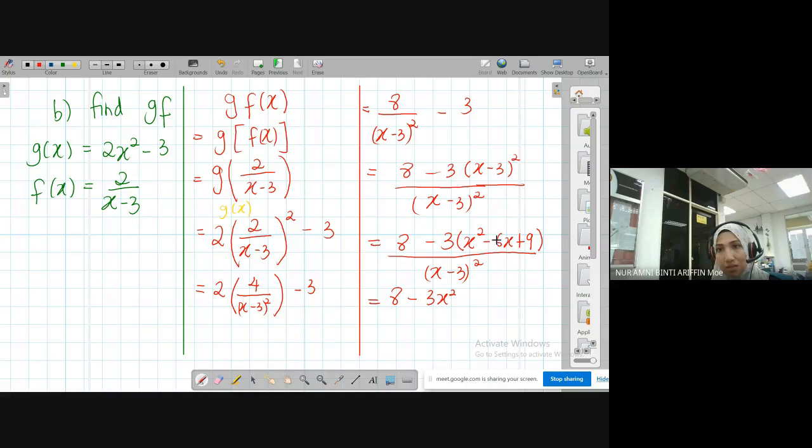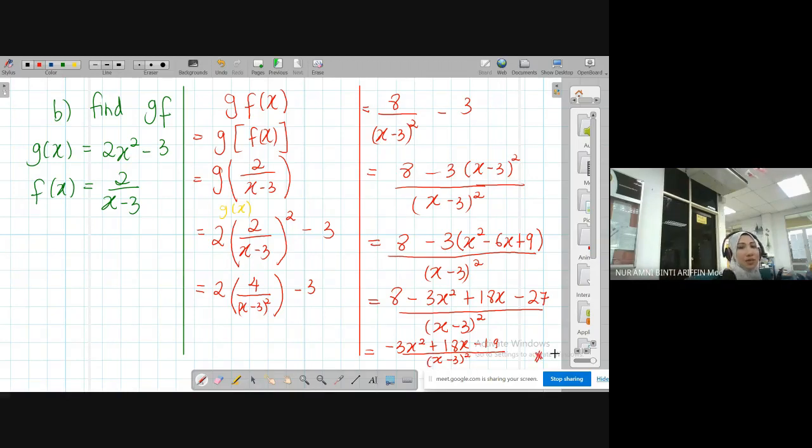Negative 3 times negative 6x becomes plus 18x. Negative 3 times positive 9 becomes negative 27. So the answer is negative 3x squared plus 18x minus 19, over (x minus 3) squared.